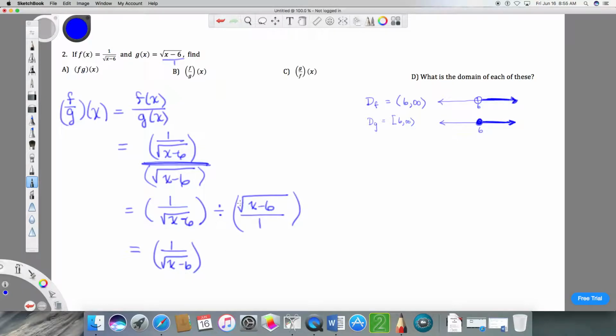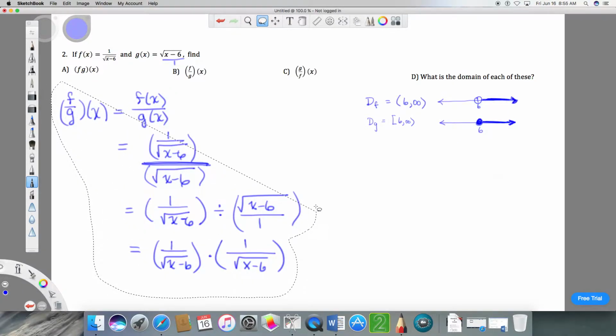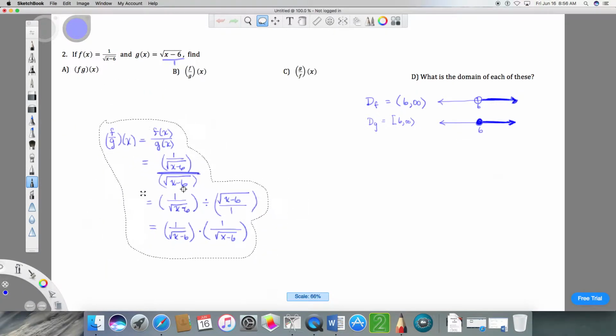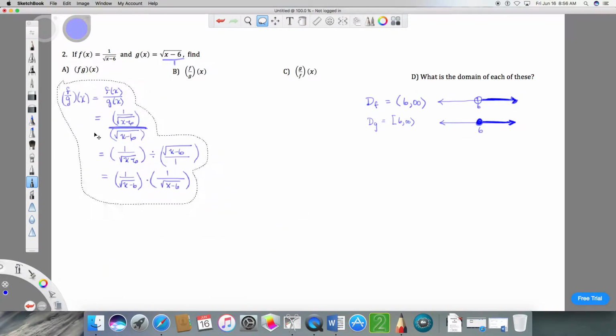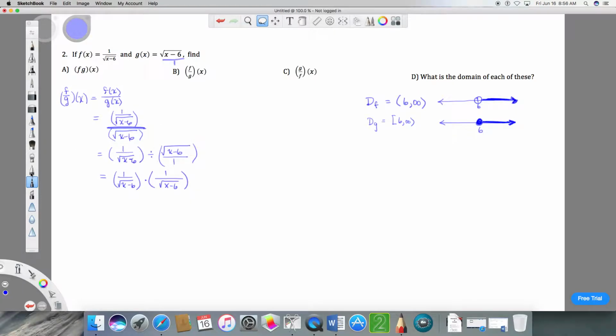That we can change this division to multiplication if we take the reciprocal of this divisor, if we flip this fraction. And this simplifies very easily.